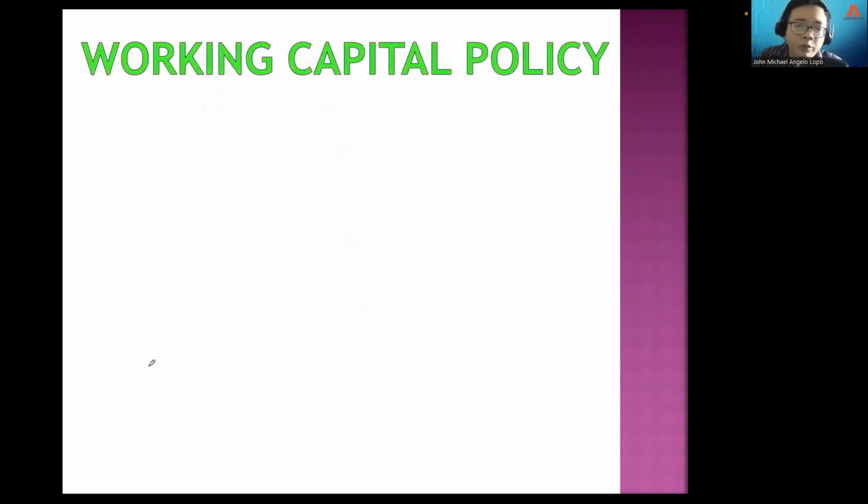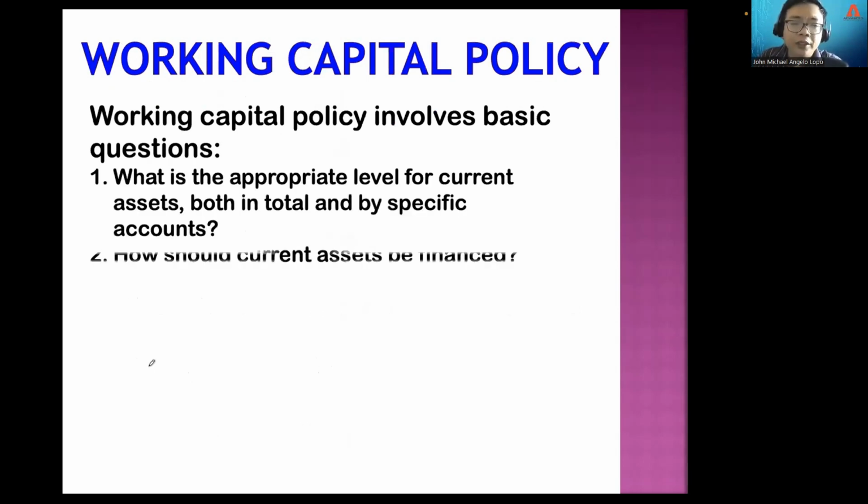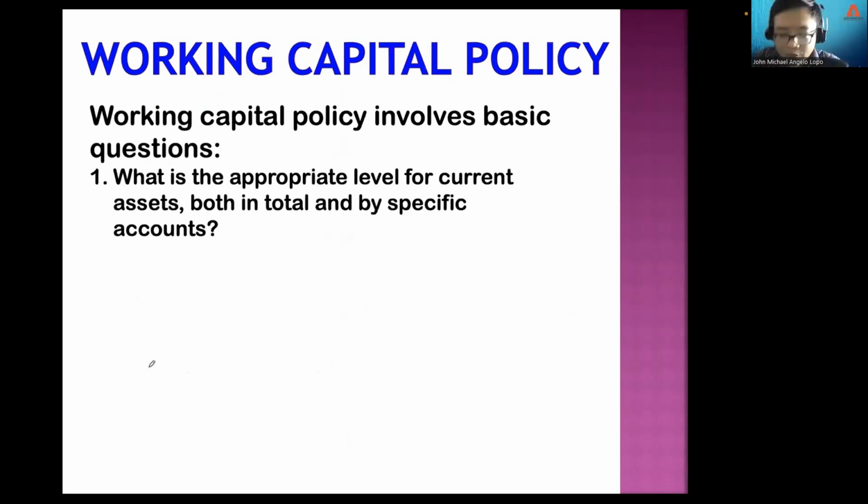When you say about working capital policy, very important here are the questions to be asked. Ano ba yung mga tanong sa board exam or in reality? When you say about working capital, what is the appropriate level for your current assets?